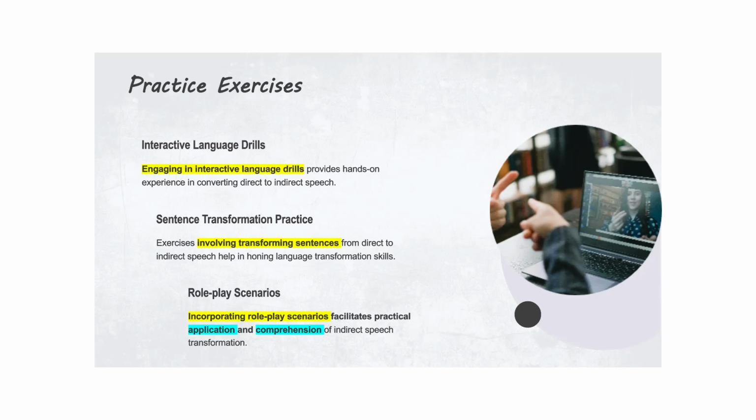So you can utilize all the rules of conversion of sentence from direct speech to indirect speech, incorporating role plays that will be a practical application, and you will develop your comprehension about changing direct speech to indirect speech.